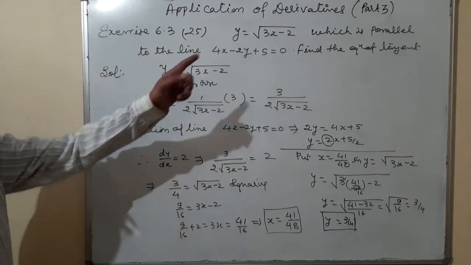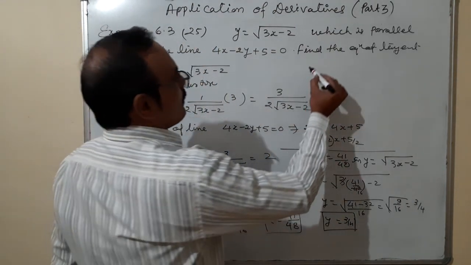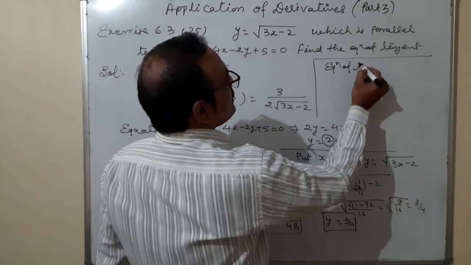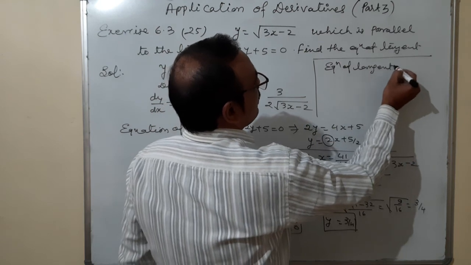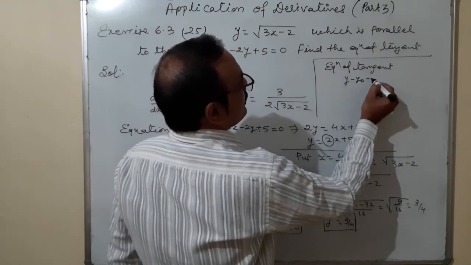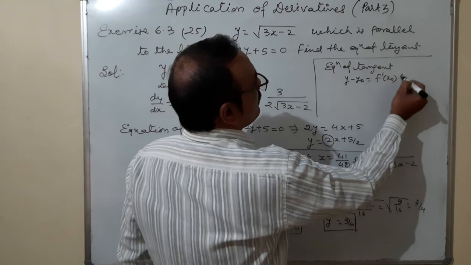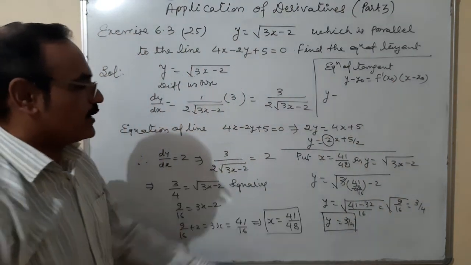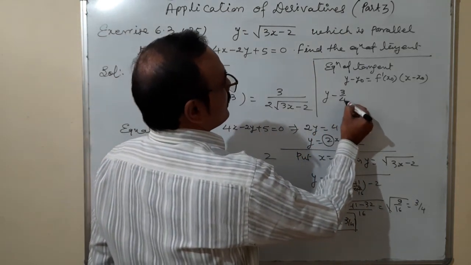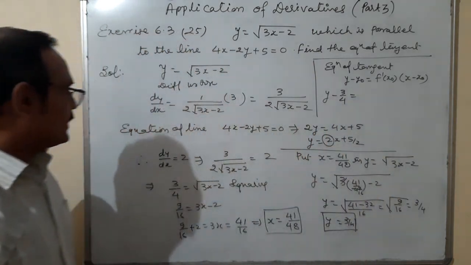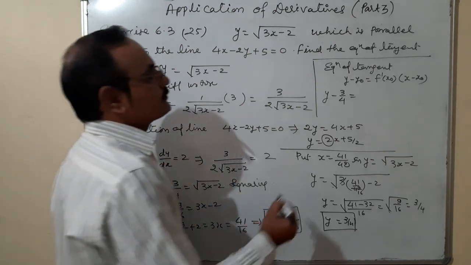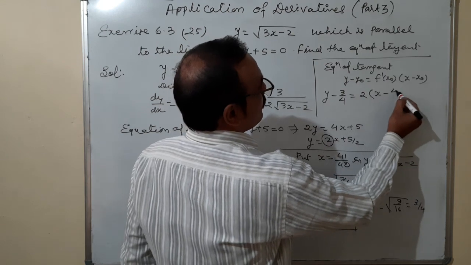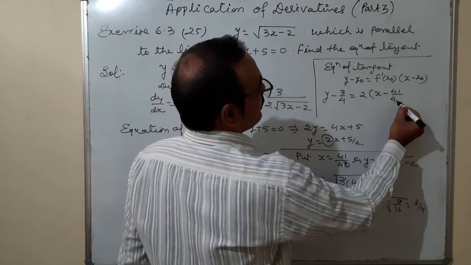We are going to find the equation of tangent. What is the formula for finding the equation of tangent? y minus y0 is equal to f dash x0 times x minus x0. So y minus 3 upon 4 is equal to f dash x, dy by dx is coming 2, times x minus 41 upon 48.